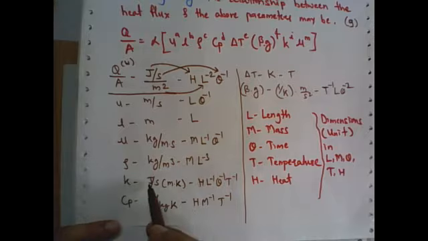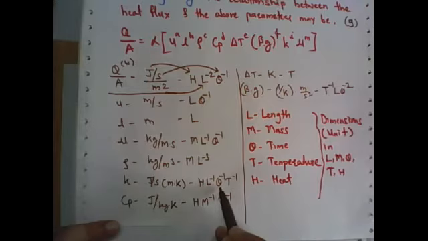So this joules in terms of heat, H, per second, it means theta raised to minus 1. Per meter, it means L raised to minus 1. Per Kelvin, it means temperature raised to minus 1. Then for the specific heat, Cp, joules per kg. So this joules, that is H, per kg, it means M raised to minus 1, and per Kelvin, it means temperature raised to minus 1.